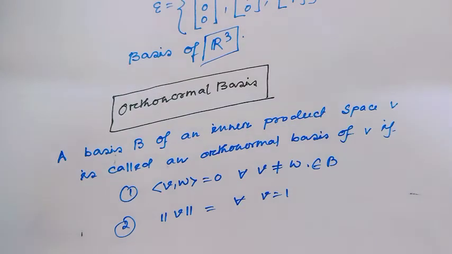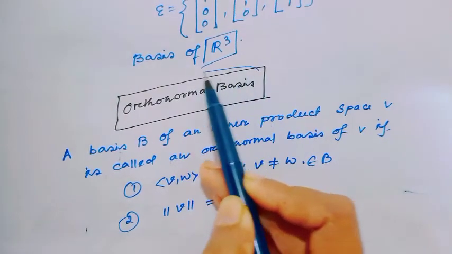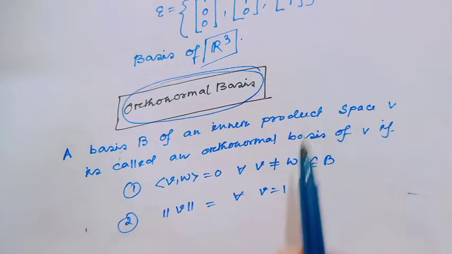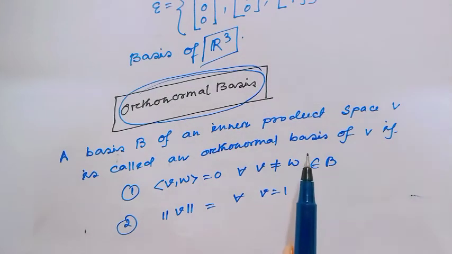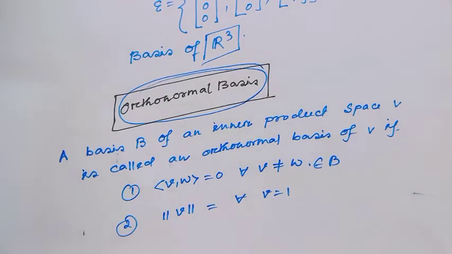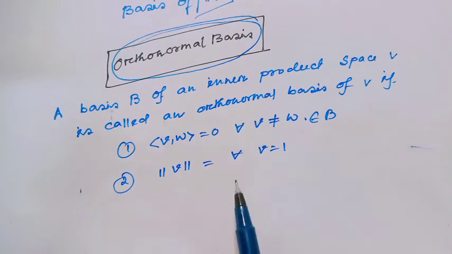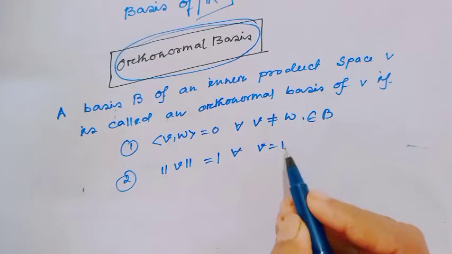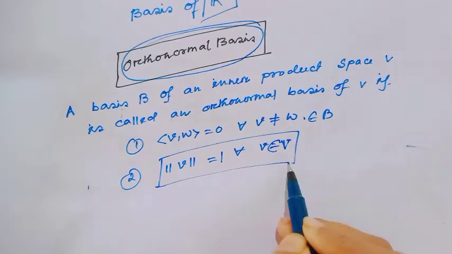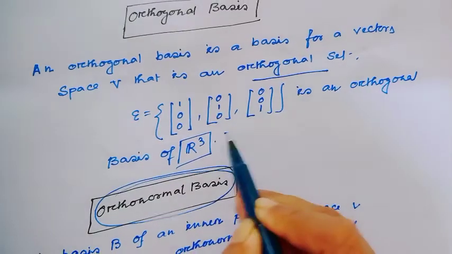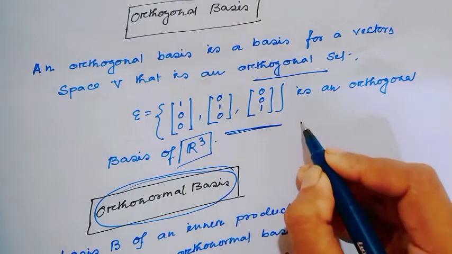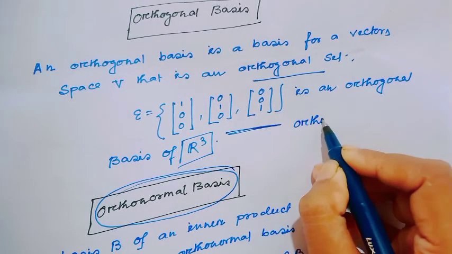Well, here one new extra condition is added to the basis: orthonormal basis. An orthonormal basis is a set in which the norm equals 1 for all v belonging to V. Are you getting? Well, notice this basis.